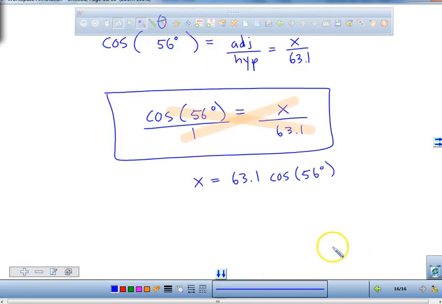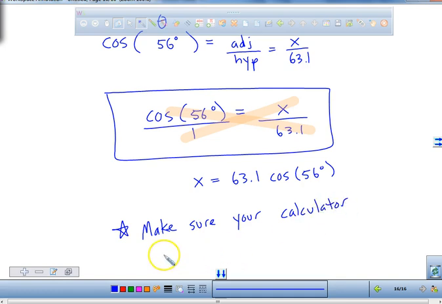Now that's all well and good, and your calculator will compute that for you exactly as it needs to. However, if you don't do one thing, everything will be messed up. So here's the last thing. Make sure your calculator is in, go ahead, say it, you know you want to, degree mode.